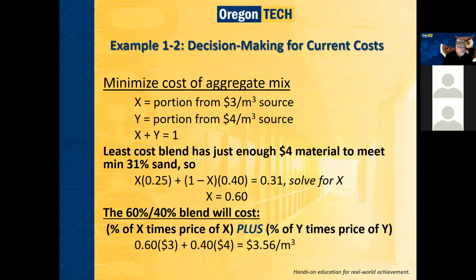So you're being asked for the least cost. That means you're going to have to use the cost factors you've been given. Cool. Well, you know that least cost blend is just enough of the $4, actually it's $4.40 material. What was it? $4.40.